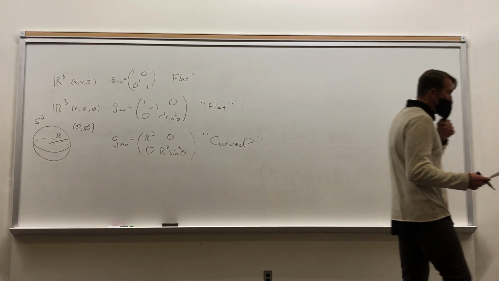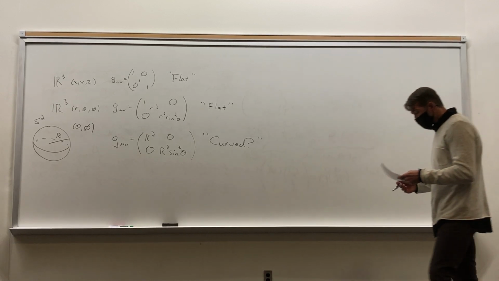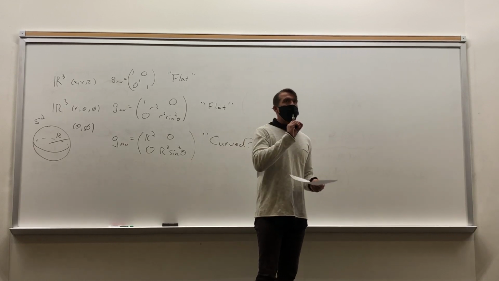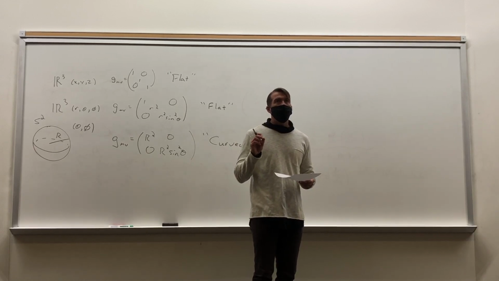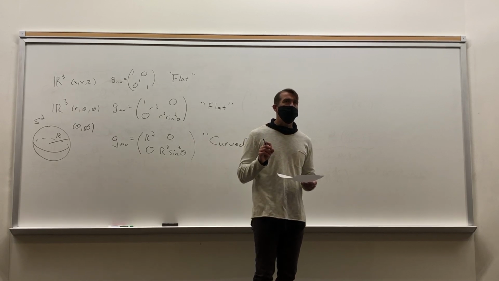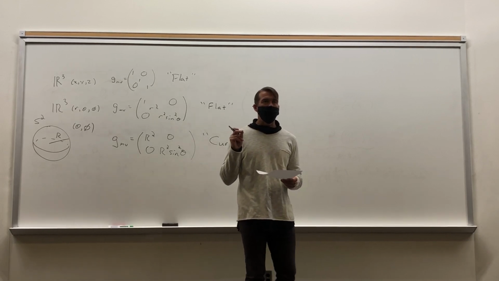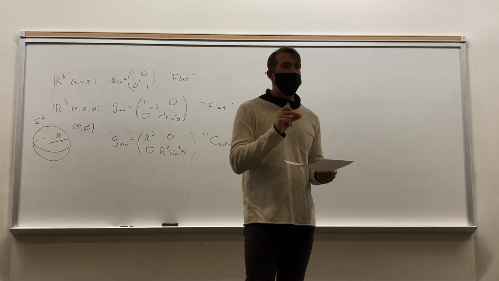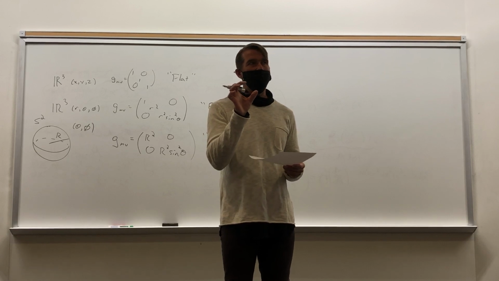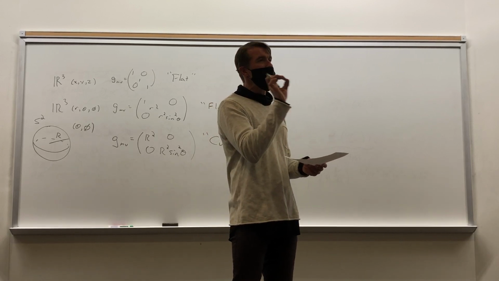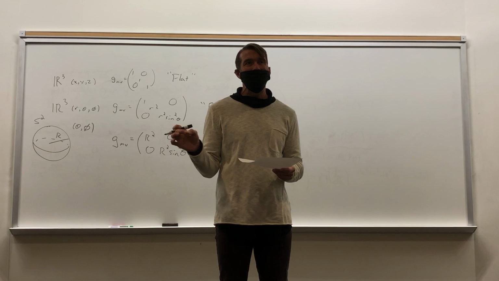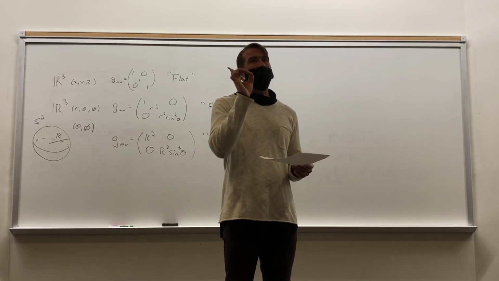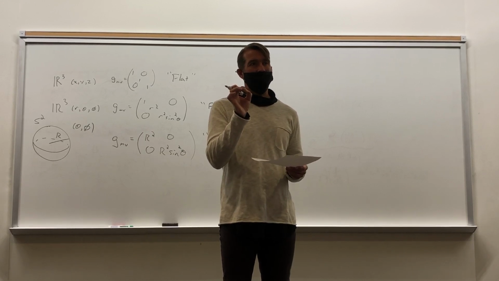It turns out one of the things to remember from our discussion about what spaces are important in general relativity is that they are manifolds. And one of the key characteristics of manifolds is that if you go to a very small neighborhood of any point in the space, you can make it such that things look like they're in flat space.